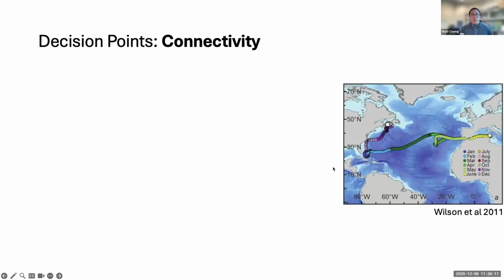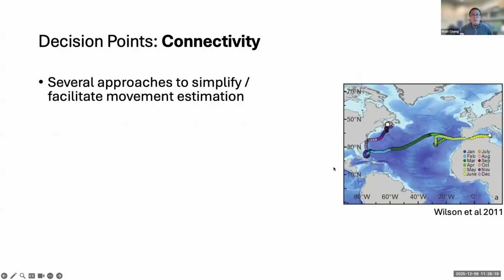There are a couple of approaches that assessments have done to simplify or facilitate movement estimation, and these might be considerations that we might consider when incorporating different movement parameterizations in some of our next gen models. So in the simplest case, we might assume there's no post-settlement movement following recruitment.